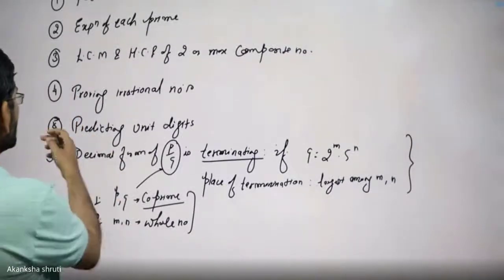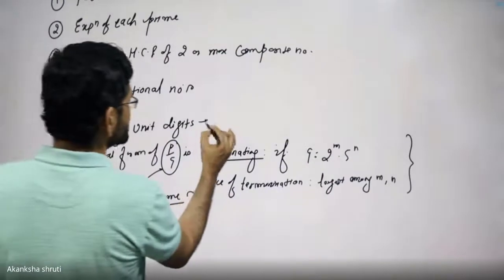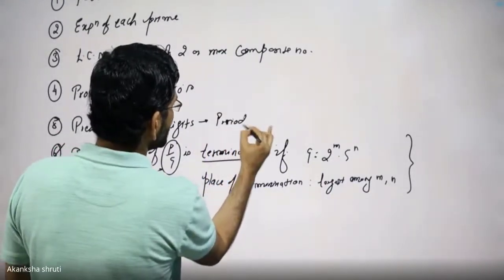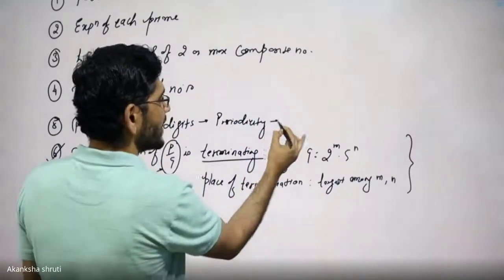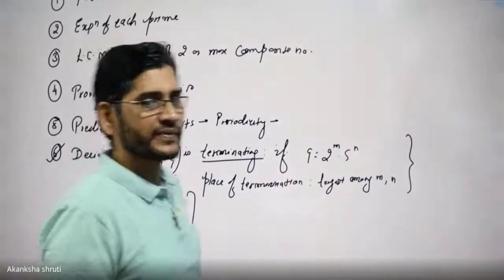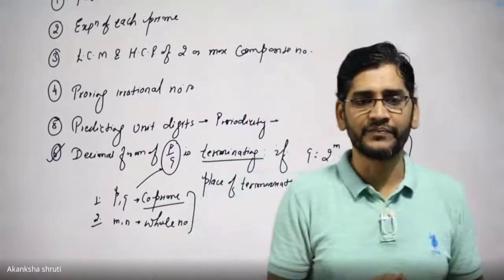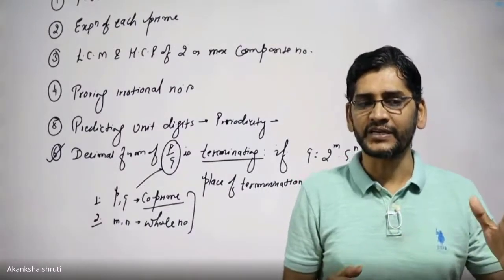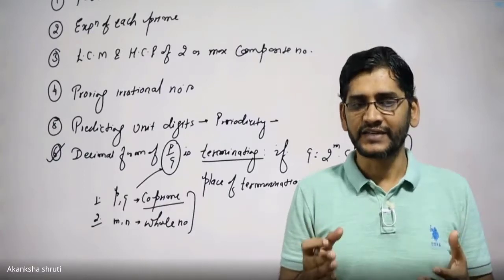Students, coming to the fifth condition, predicting the unit digit, it is based on periodicity. Periodicity that we have learned in our class: if you take the square, cube, power 4, power 5 of the unit digit, then it gets repeated after a certain interval. After how much interval is it repeated, and what is at the unit digit?